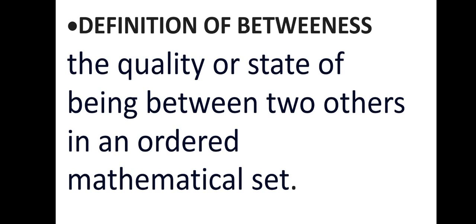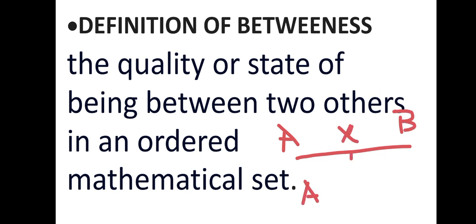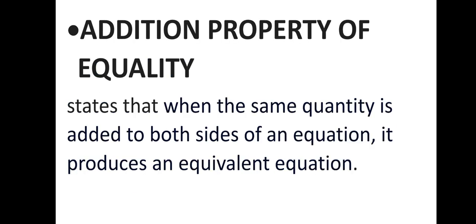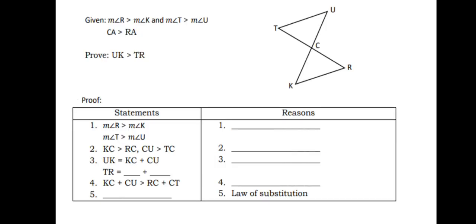For example, if we have segment AB and X is in between them, we can say that AX plus XB equals AB. Next, addition property of equality: what you add on the left side should also be added on the right side.